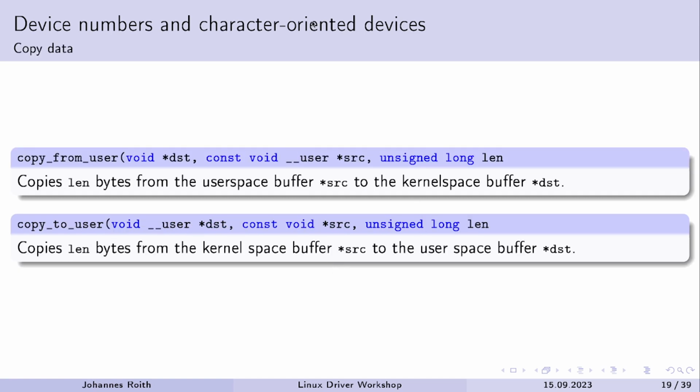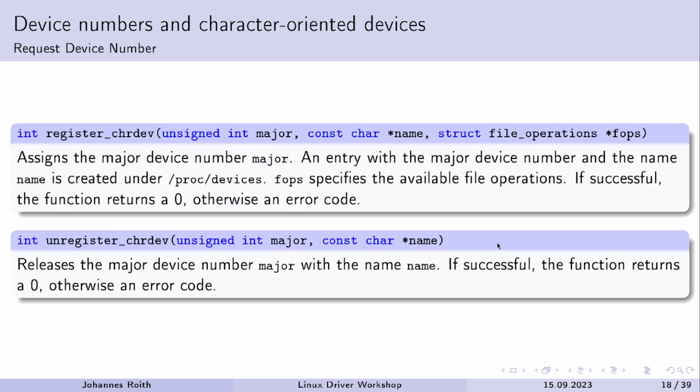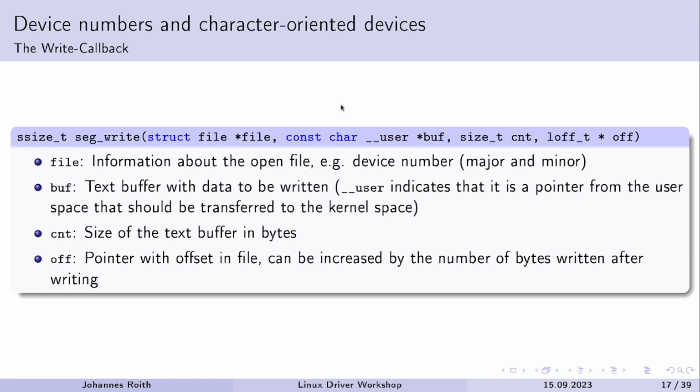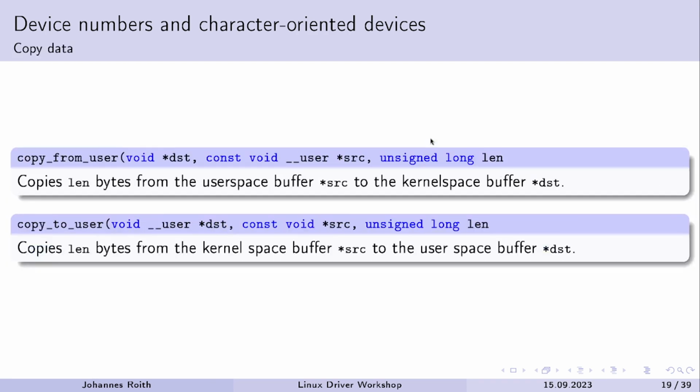Okay, in order to copy data, we have the problem that this buffer here is a user space buffer. And when we want to use this buffer, we have to copy it into kernel space. Therefore, we can use the function copy from user to copy some bytes from user space to kernel space, and copy to user to copy bytes from kernel space to user space.